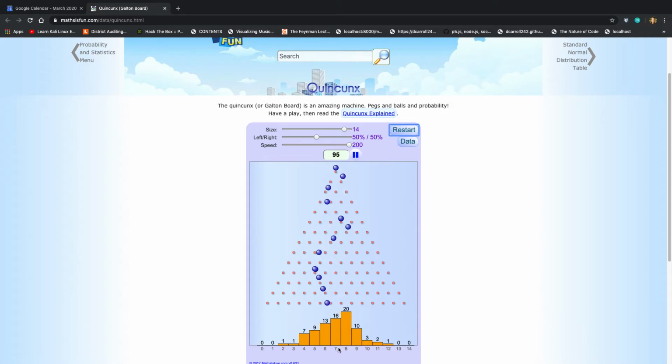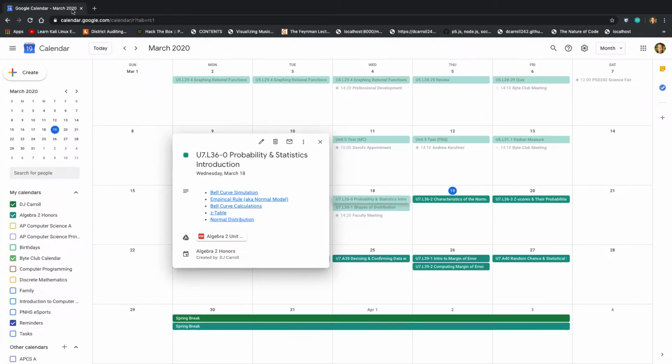Are we ever going to get that true average? No, not from a sample, but we can get close to it. The bigger the sample, the closer we should get to that true average, which would be in the middle of this data set. You can see it's already starting to form this bell-shaped curve. So I'm going to stop that, and you can play with that. Let's go to the empirical rule.